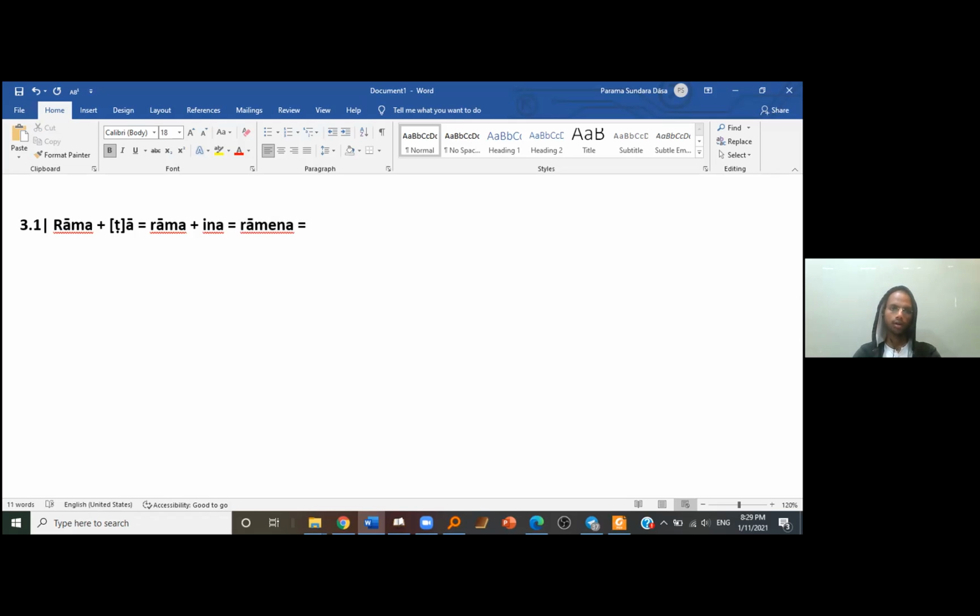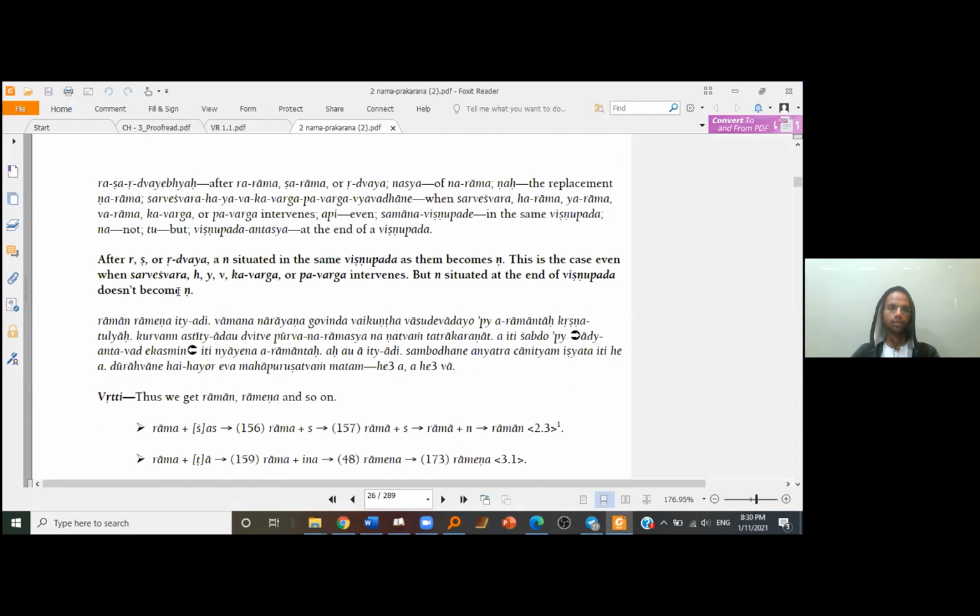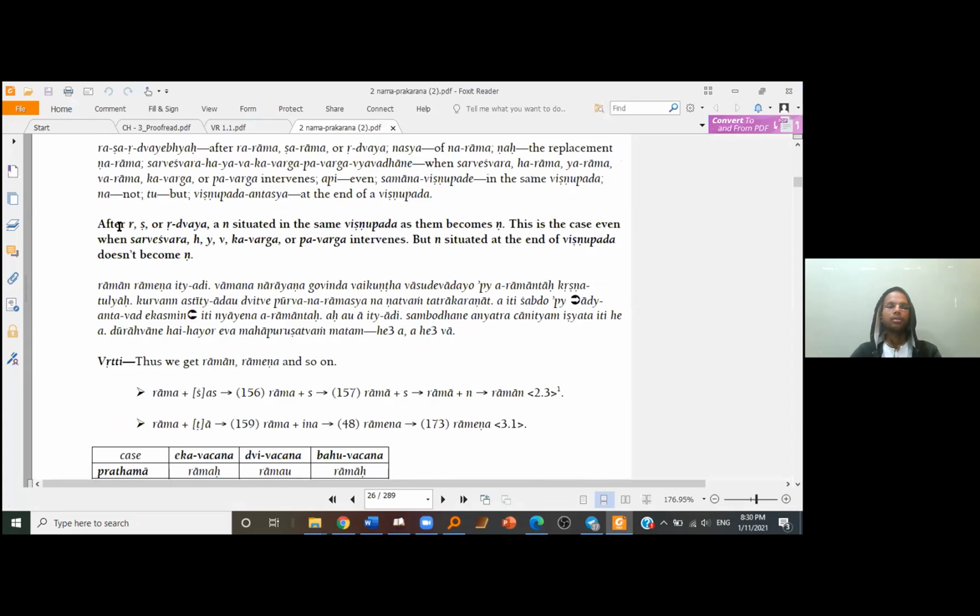But here, one more sutra is introduced. Rasha ridvebhyo nasrinah sarveshwara hayava kavarga pavarga vivdhane api samana vishnupade natu vishnupadantasya. It means after Ra Rama, Sha Rama or Hridvaya, so these are the Purva Nimittas, a na Rama situated in the same Vishnupada, Samana Vishnupada, as them becomes na Rama, the cerebral na Rama.